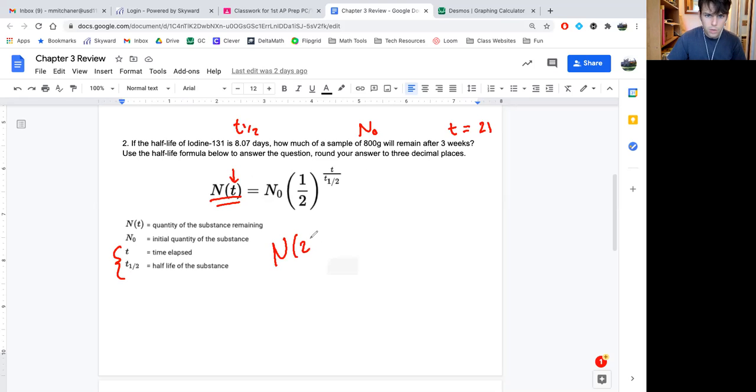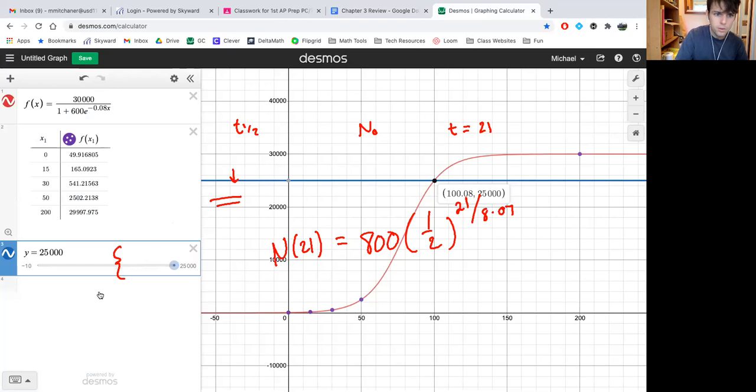So N(21) would be equal to 800 times 1/2 to the 21 over 8.07. And for simplicity, I'm just going to take this to Desmos and do a little calculation.